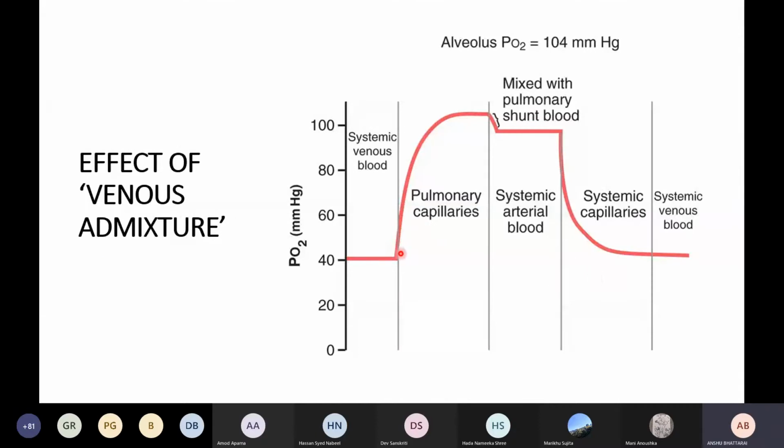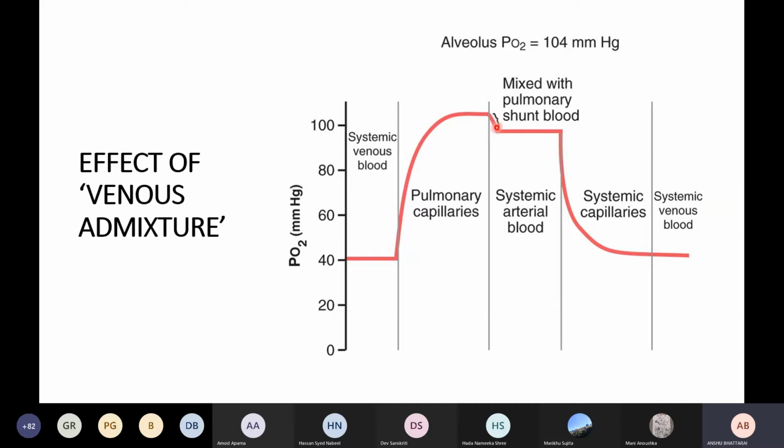So in this graph also you can see the same thing that I talked about. Here you can see the partial pressure of oxygen in the systemic venous blood is 40 millimeter of mercury, right? Then it passes through the pulmonary capillaries, and after it passes through them, the partial pressure of oxygen increases rapidly, okay, and comes to be about 104 millimeter of mercury. But this oxygenated blood also mixes with some shunt blood, which comes from bronchial circulation and from coronary circulation.